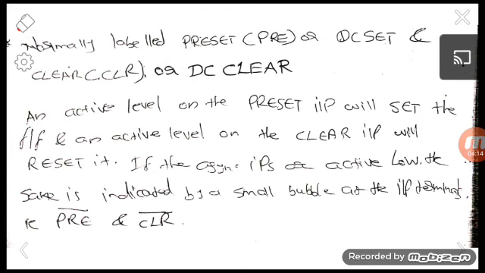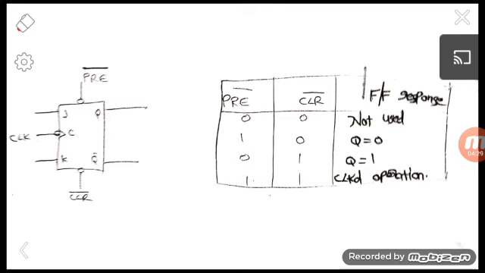And if you give a low level, that is 0, to clear bar, the output of the flip-flop will reset, that is, it will be 0. That is the entire truth table of the asynchronous inputs.